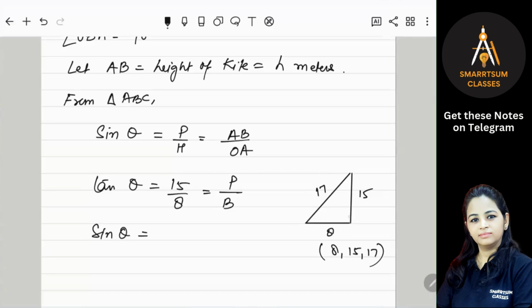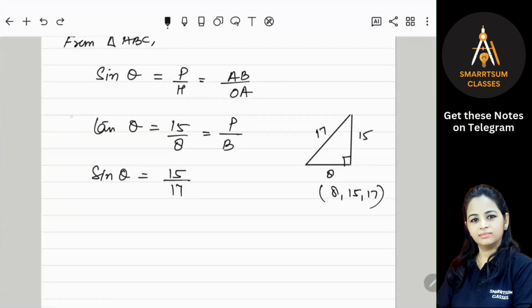Getting that? Okay. So can we say that sine theta is equal to perpendicular upon hypotenuse, means 15 upon 17? Right? Because this is a ratio, we can put sine theta as 15 upon 17, because the ratio always remains the same. So write down: sine theta is equal to AB upon OA.